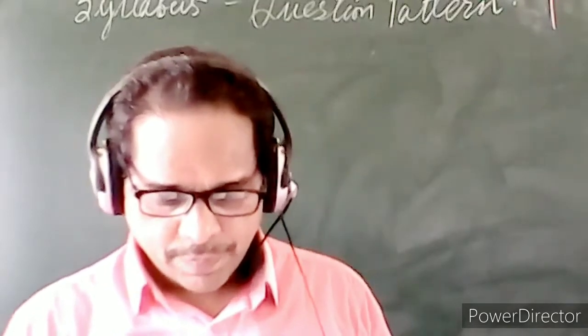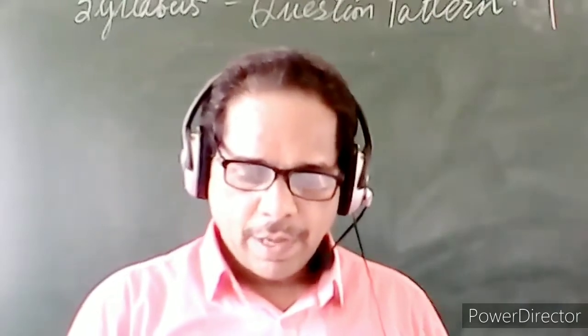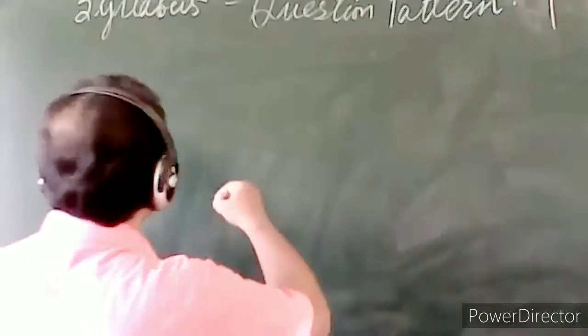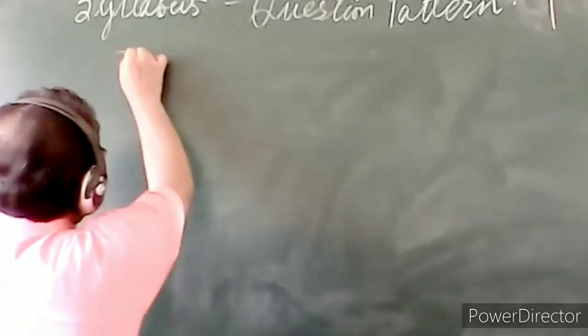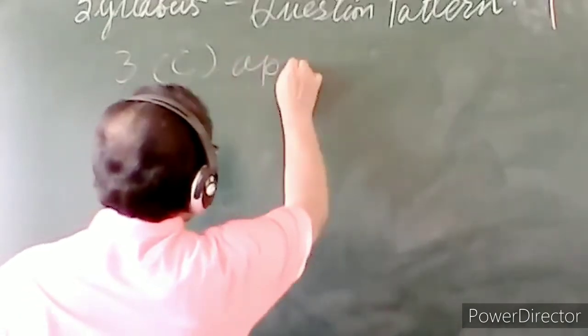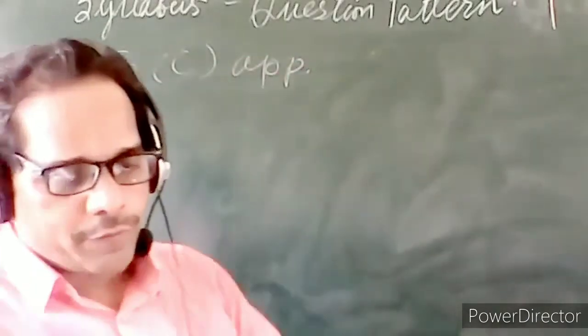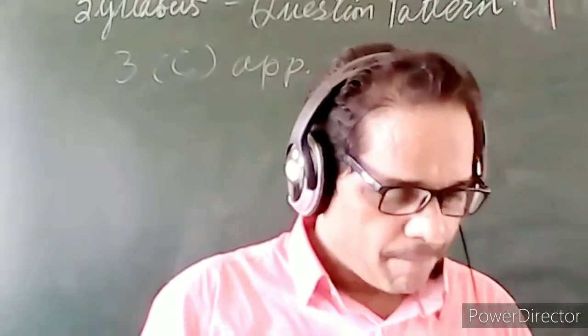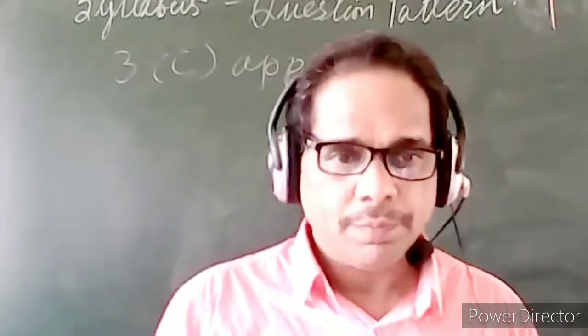Now we have the next question. In the same section, C, appropriate form of verb. Question number 3, C, appropriate form of the verb. Take page number 24.